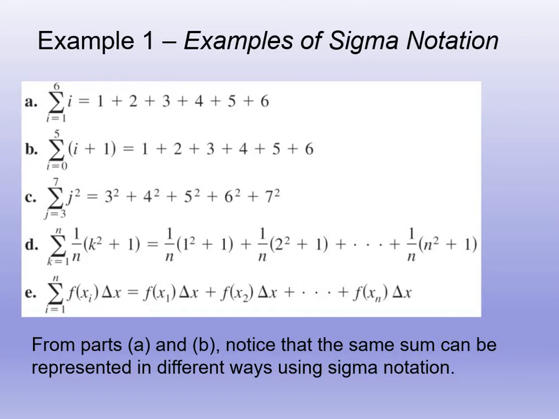Lastly, probably the most important one that we're going to use a lot is the sum from i equals 1 to n of f of x_i times delta x. Those are going to be our change in x. So we substitute in from 1 to n, so f of x_1 delta x plus f of x_2 delta x.